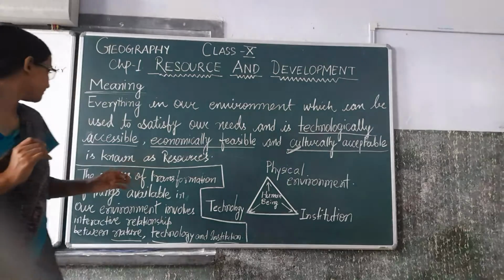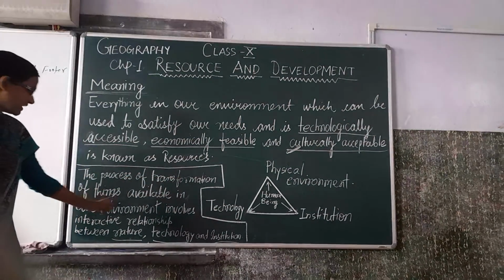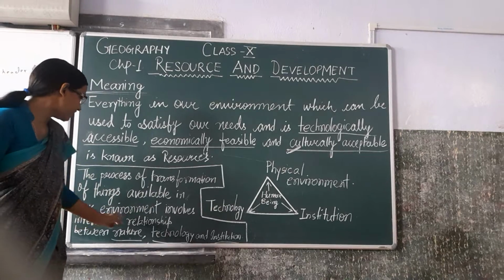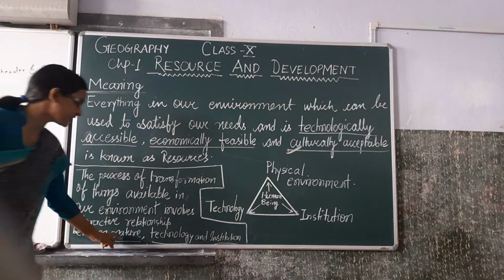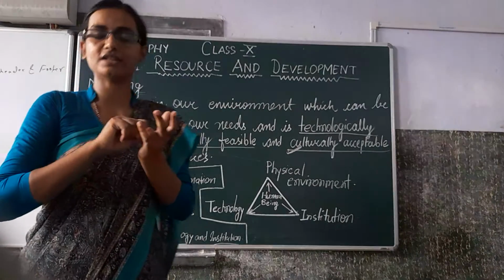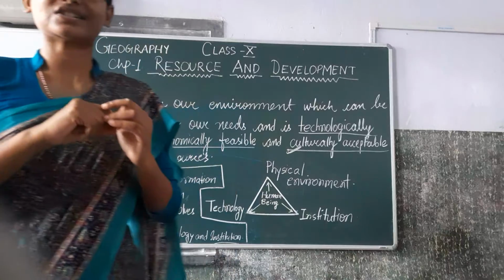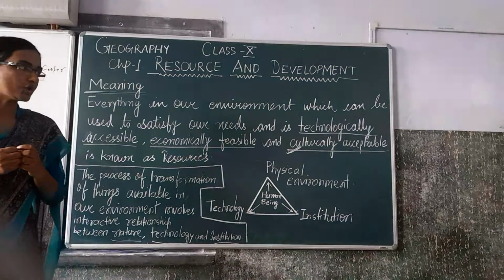Next thing, the process of transformation of the things available in our environment involves an interaction relationship between nature, technology and institution. For extracting any resource, we need the interaction between all these things.